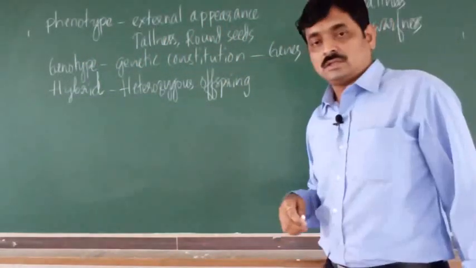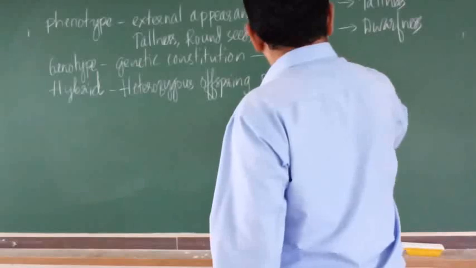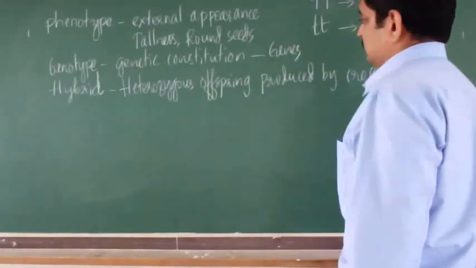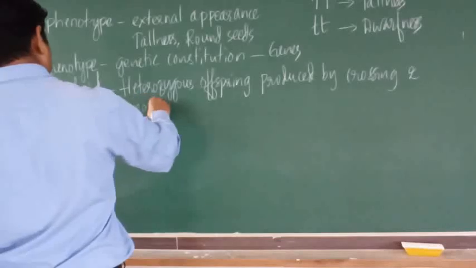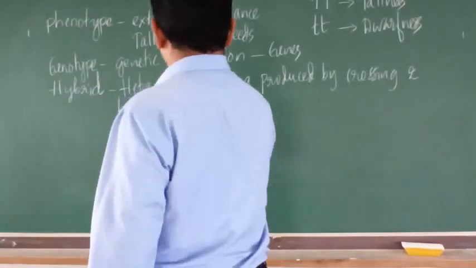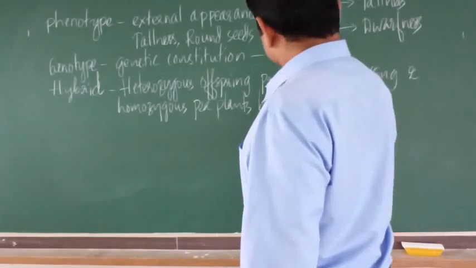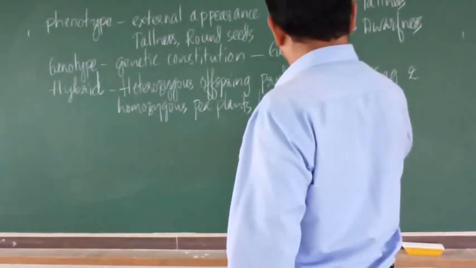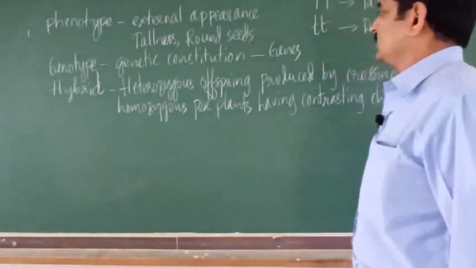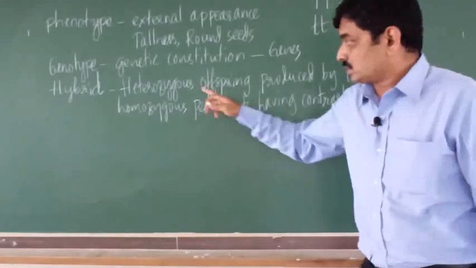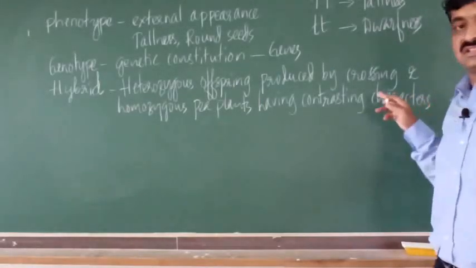Hybrid is the heterozygous offspring that is produced by crossing two homozygous pea plants having contrasting characters.